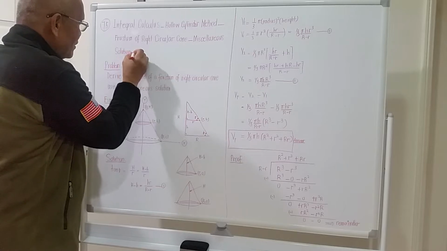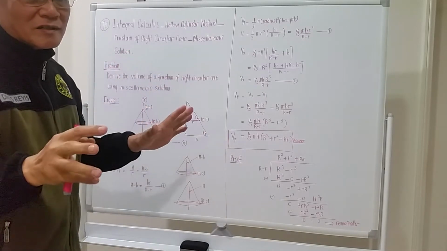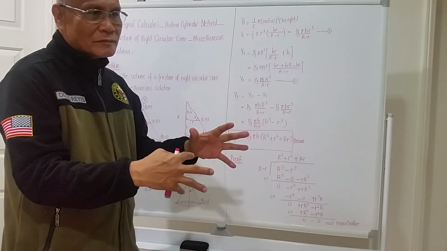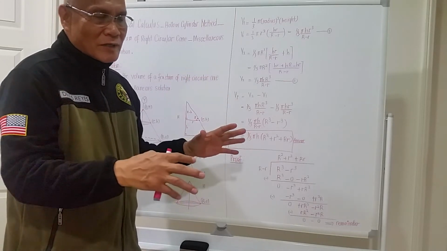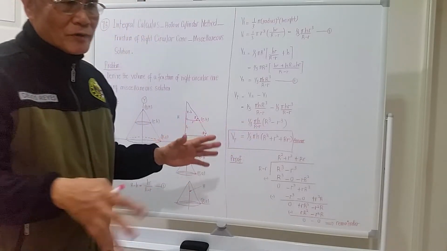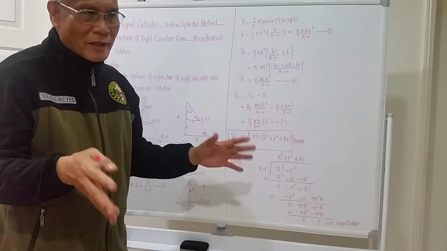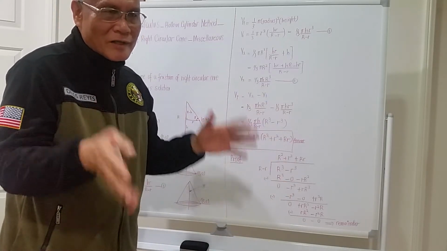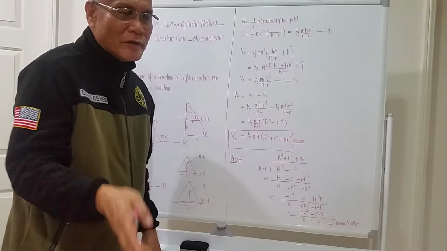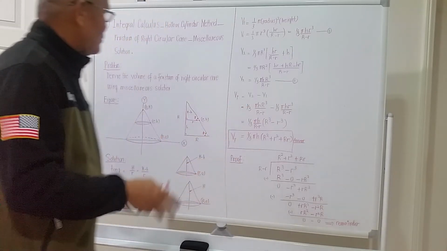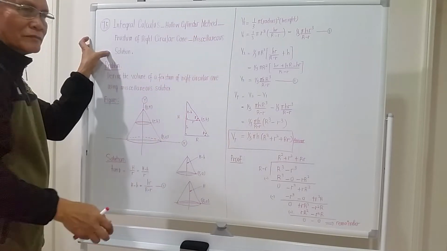Miscellaneous solution meaning it is not integral calculus, but it is related to volume. Okay? So other bloggers are discussing the computation of volume, but they are not introducing integral calculus. So for the meantime, I will try to derive the volume of frustum using the special solution, meaning miscellaneous solution.